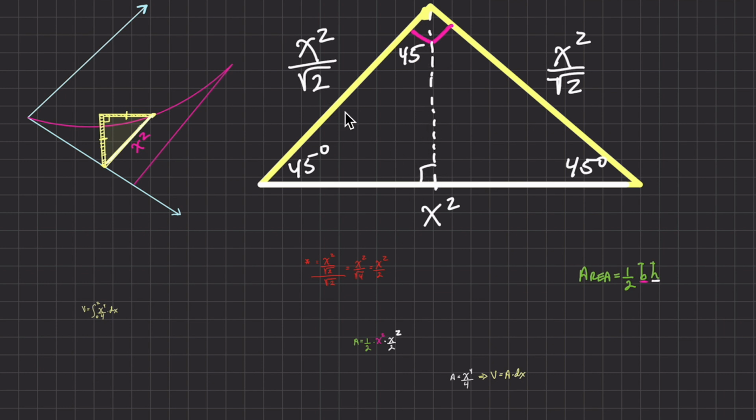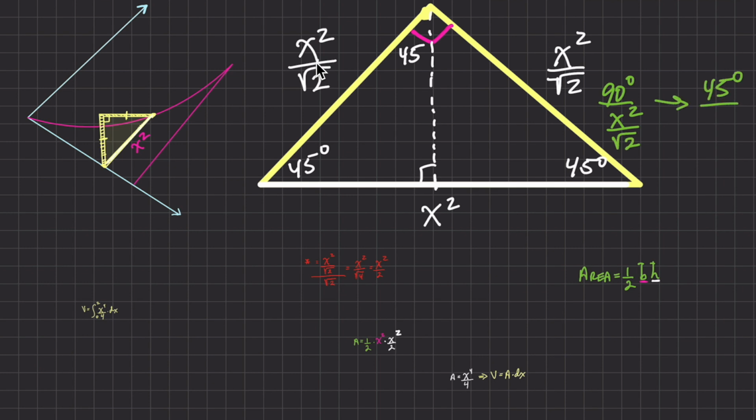Well, in this particular triangle here, this smaller triangle, we have the side opposite the 90. What is that? Let's work here in green, up here in the right-hand corner. So we have the side opposite the 90 degree. Look, there's your 90 degree angle. There's your value, x squared over square root of 2. We're trying to get the height.